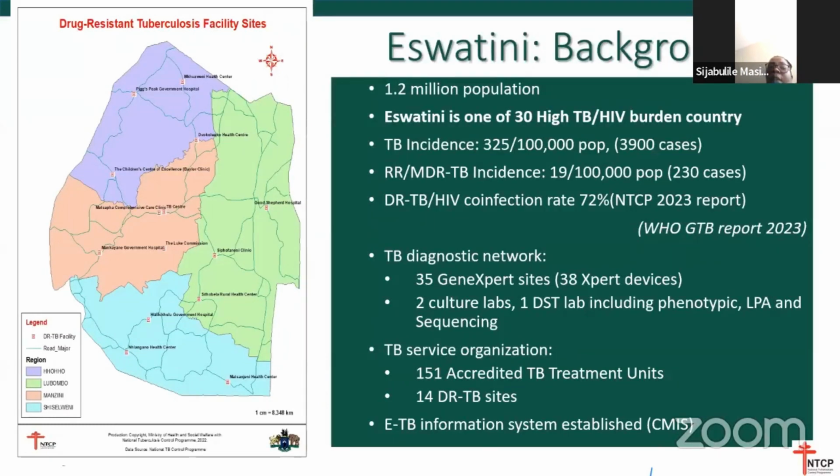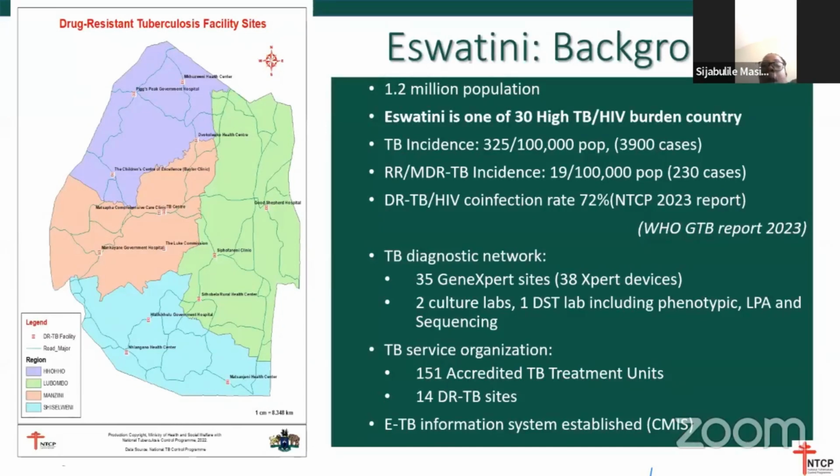The DRTB HIV co-infection rate is 72%, according to the NTCP report 2023. We have our TB diagnostic networks in the country. We've got 35 GeneXpert sites, which have 38 GeneXpert devices, 2 culture labs, 1 DST lab, including phenotypic, LPA and TB sequencing, which is based in Manzini, and the other one at Shiselweni.